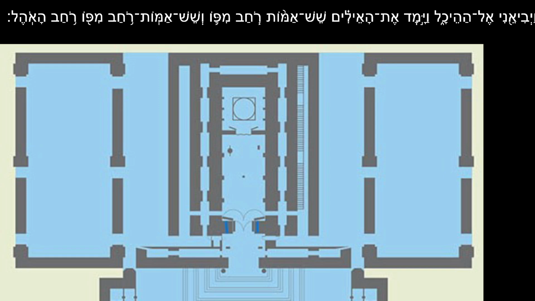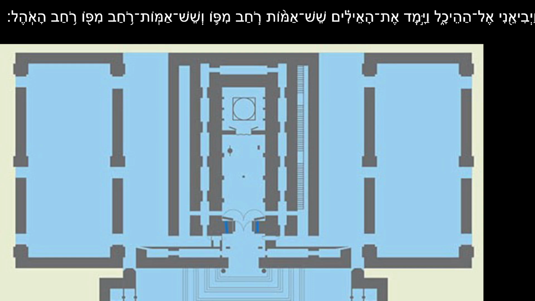The angel brought me into the sanctuary, and he measured the side walls. Six amot was the width on this side, and six amot was the width on that side. And the thickness refers to the thickness from east to west.